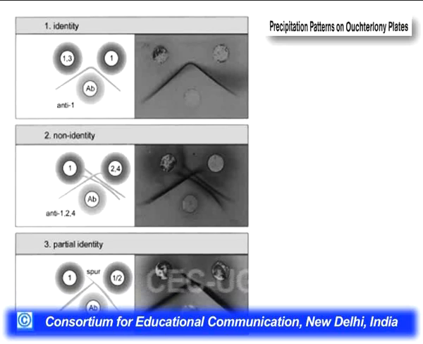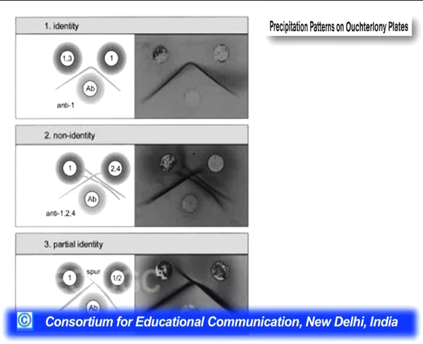The third precipitation line which is formed is called partial identity, in which both the antigens have overlapping epitopes. So antigen 1 and antigen 2 have an overlapping antigen 1 epitope.